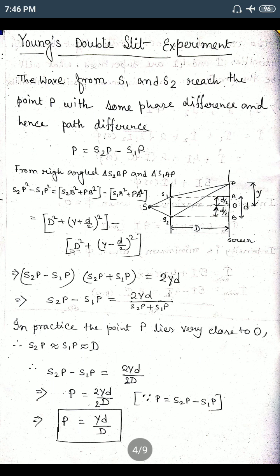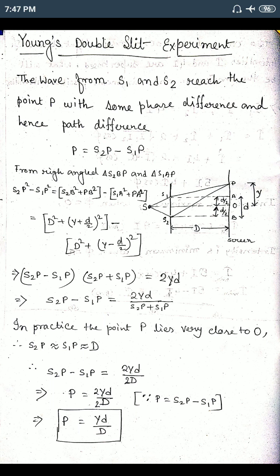Here I will draw this diagram again. In this figure you see the waves from S1 and S2. Being derived from the same parent source S, the slits S1 and S2 act as coherent sources.